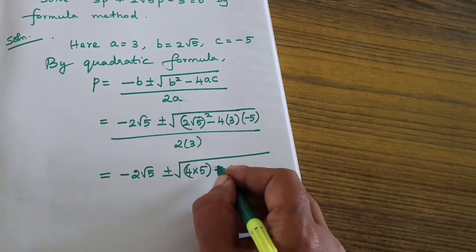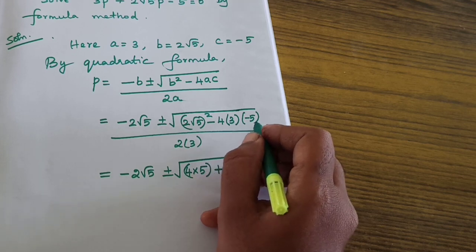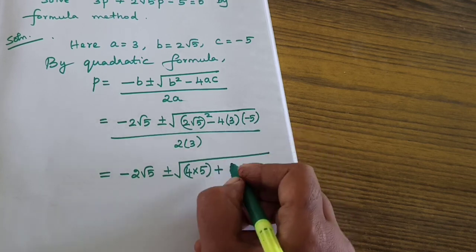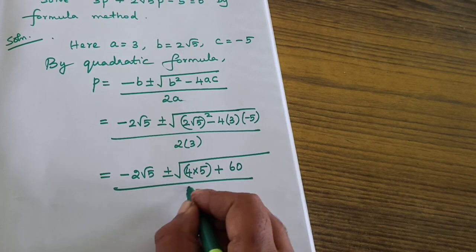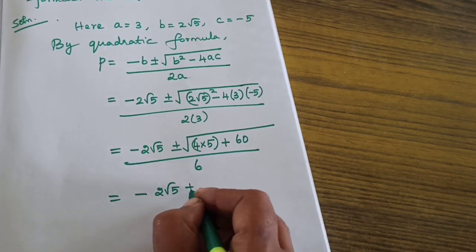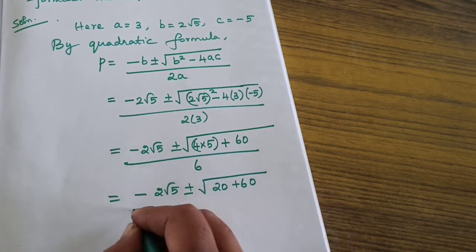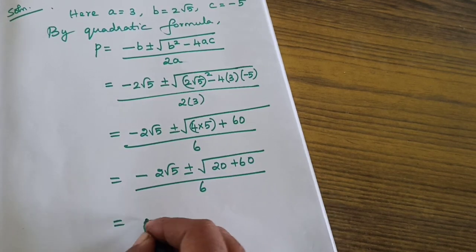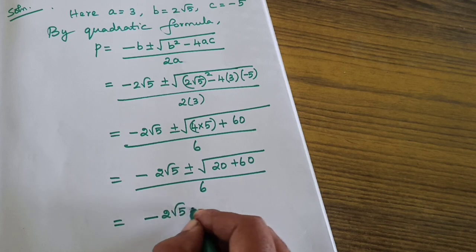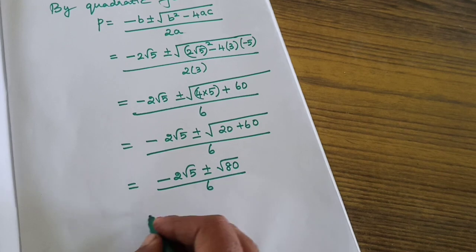Minus into minus plus. 4 threes are 12, 12 fives are 60, by 6, which is equal to minus 2 root 5 plus or minus square root of 20 plus 60, divided by 6, which is equal to minus 2 root 5 plus or minus root 80 by 6.